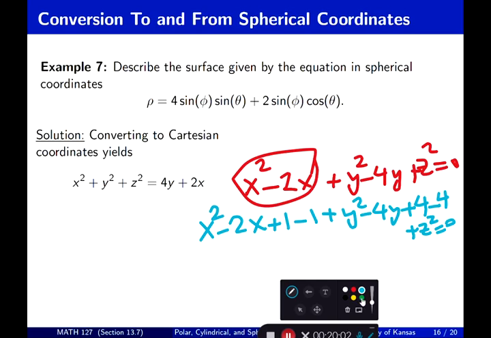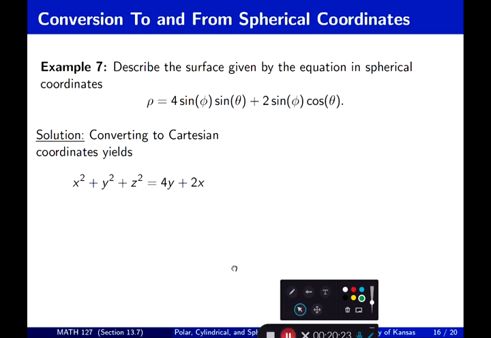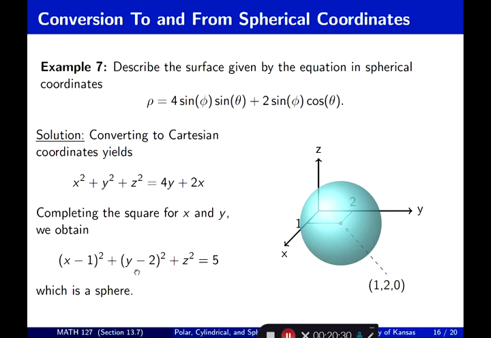Now, this part is just x minus 1 to the power 2, and this part is y minus 2 to the power 2. And then negative 1 and negative 4 can go to the other side to form 5. And that's the sphere, basically. x minus 1 to the power 2, y minus 2 to the power 2, plus z squared equal to 5.